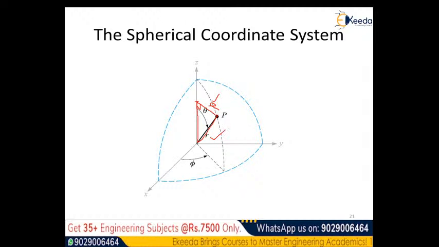This edge is represented by r, and as we know, whatever the height a point attains above or below the origin, in the positive or negative, we have to represent the dimension by z, and of course it is onto the z axis. So for this triangle we have the three edges.